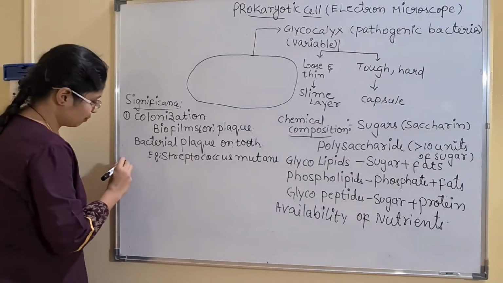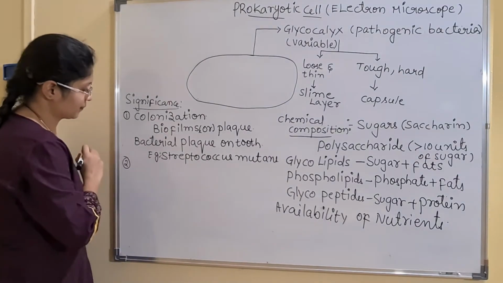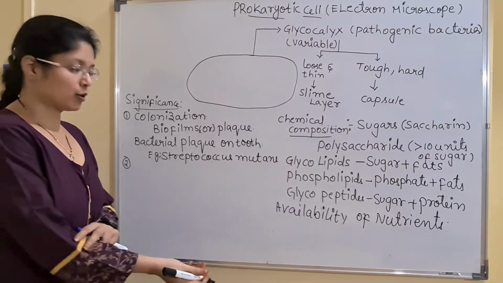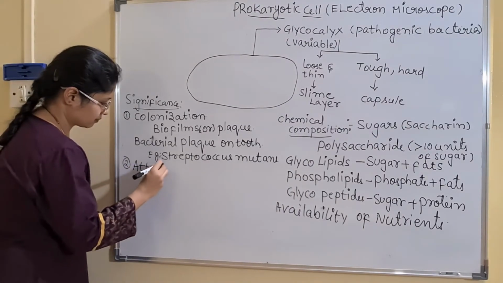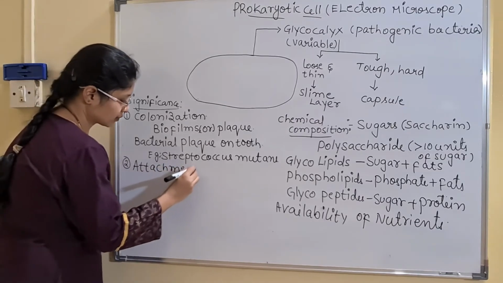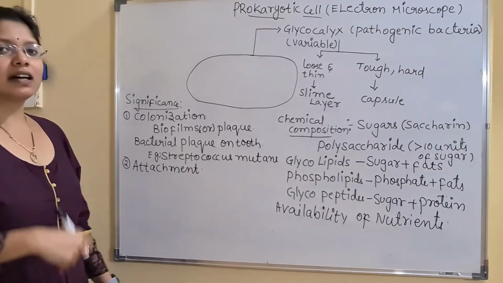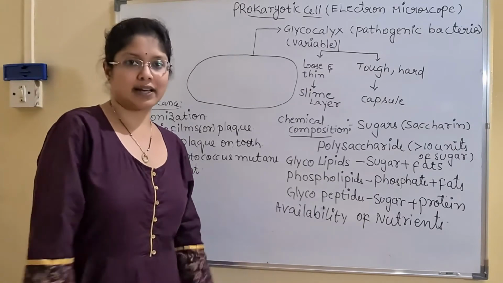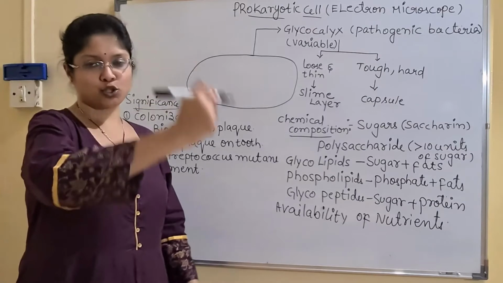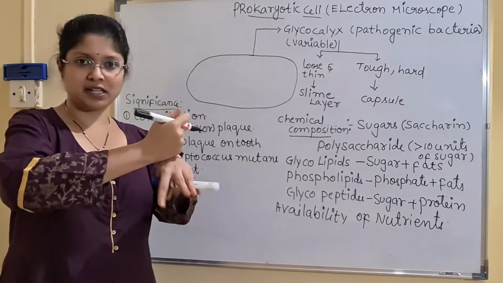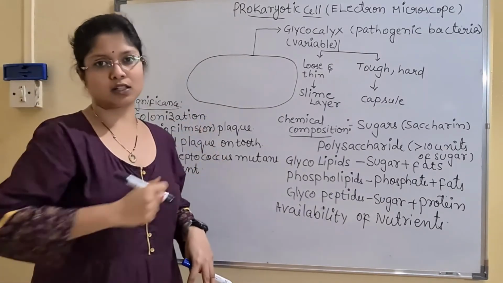And what is the second important point here, children? They help in attachment. Yes, the bacteria invade the host body or any organism, or you can say some plant surface. It wants to attach to its surface. First, the attachment is important, then only can it invade the host, right?